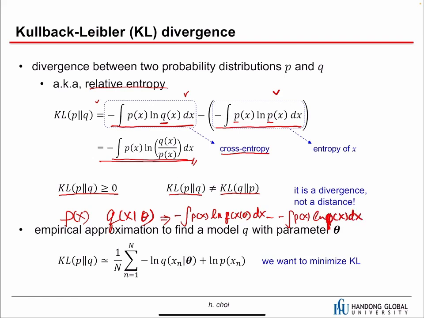Okay, this one is actually an expectation. So let me rewrite this term here: minus expectation of log Q of X given theta. And this one is also an expectation of log P, so expectation of log P of X.